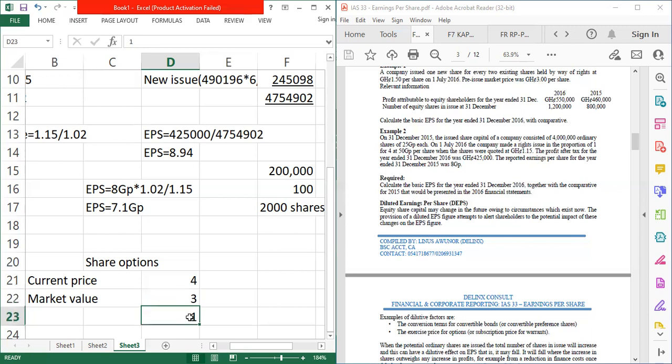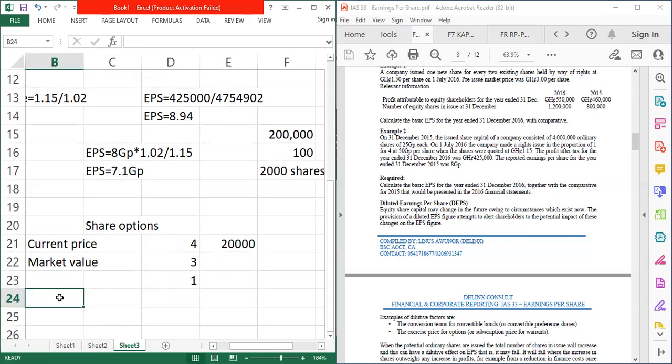But the rights issue, what will be the effect of the rights issue? The share option, the part that the company is not taking, which is the 1 cedi. What will be the effect of the 1 cedi? The 1 cedi will be seen as a bonus issue, which is going to have an effect on the earnings per share today. So if the options that we are giving to them are 20,000, we just find the bonus issue portion.